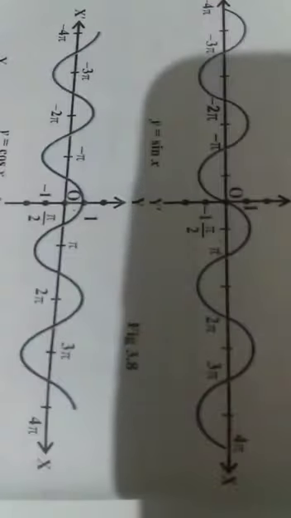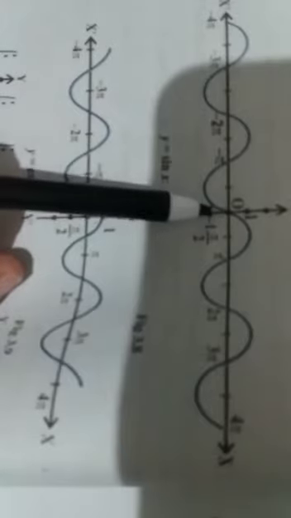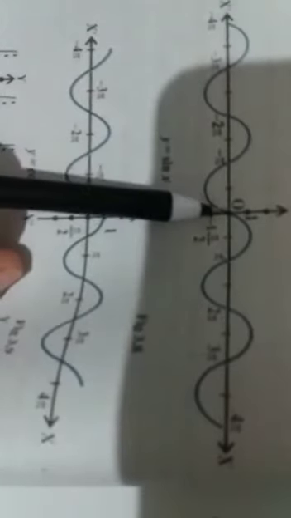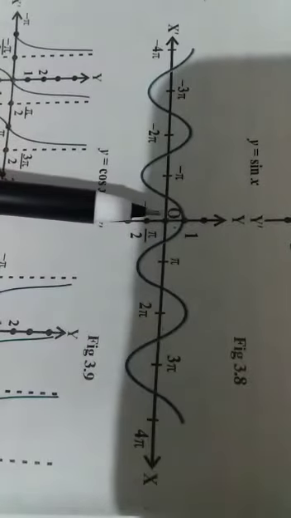Both the graphs are the same, but the graph of sin x starts from the origin and its value lies from 1 to minus 1 only, whereas in the case of cos x, it starts from 1.